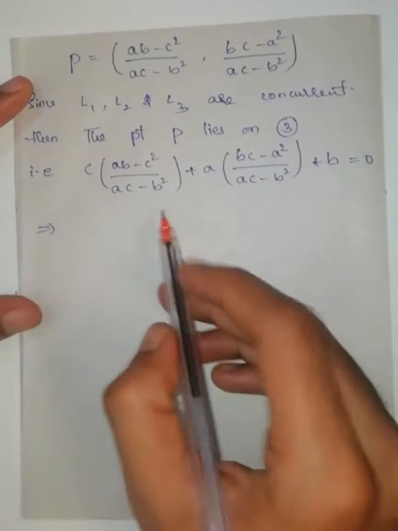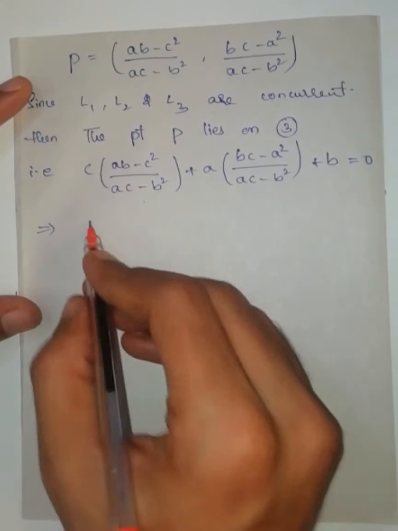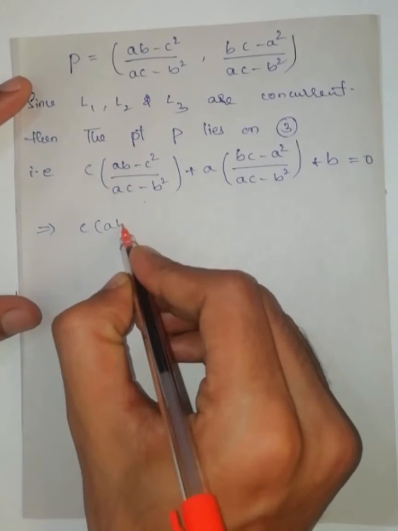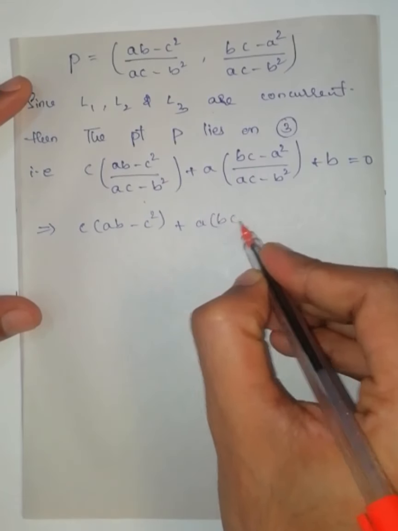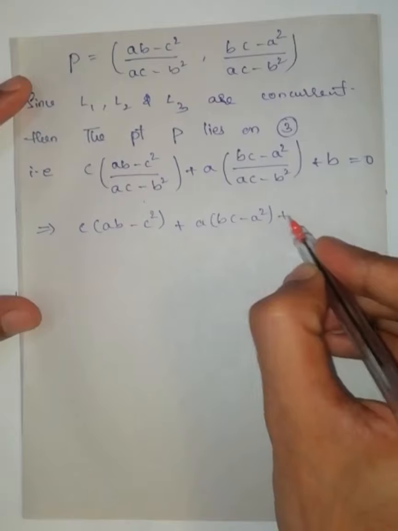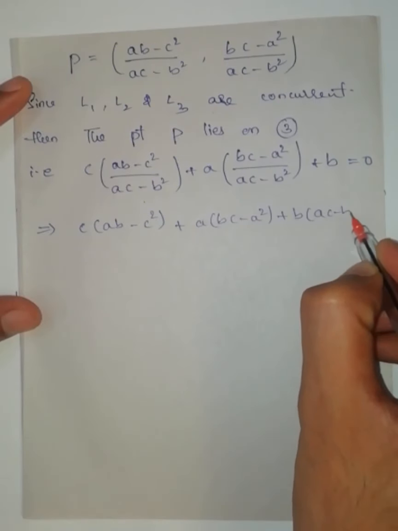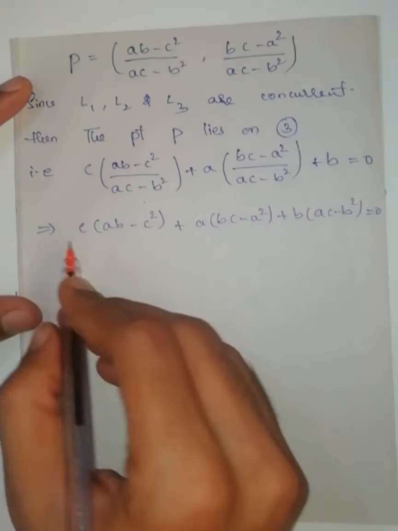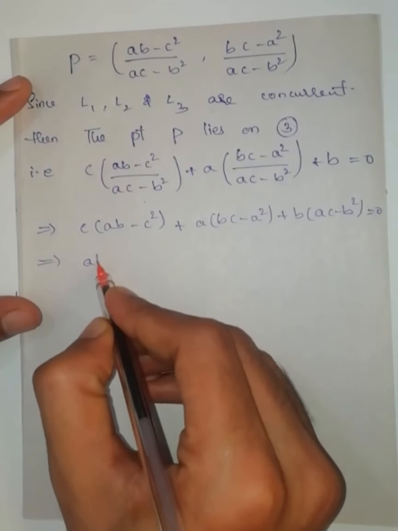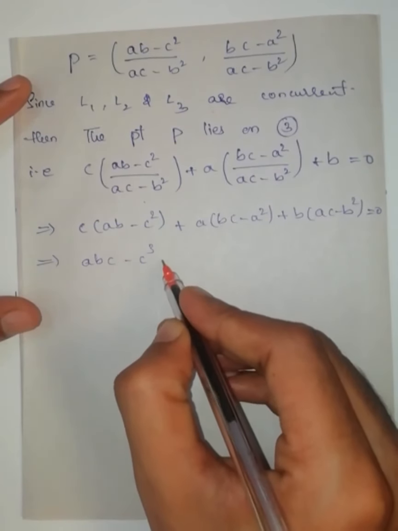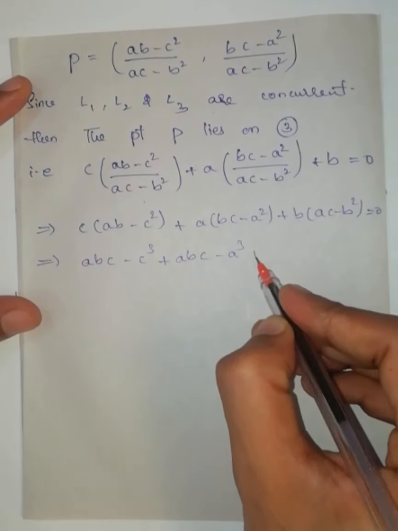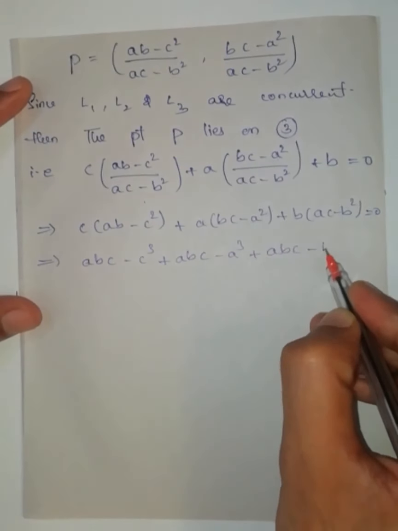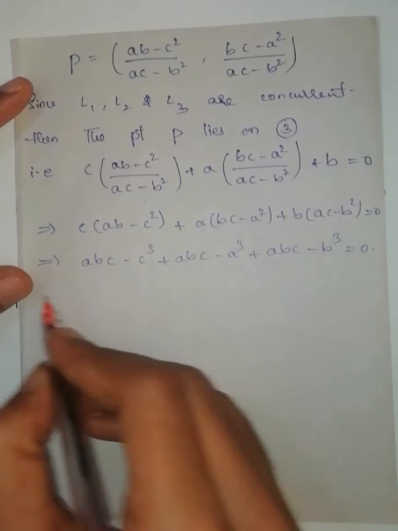Now I am going to take LCM and send it to the right hand side, it will become C into AB minus C square plus A into BC minus A square plus B into AC minus B square is equal to 0. This implies ABC minus C cube plus ABC minus A cube plus ABC minus B cube is equal to 0.